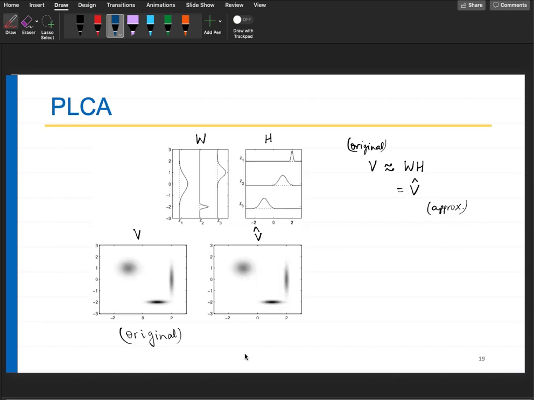Okay. So once again, what is my goal? I have got some V, which is my original matrix, and I want to reconstruct this using W into H, with some significant size reduction. So let us say each column of V is my data sample, right?